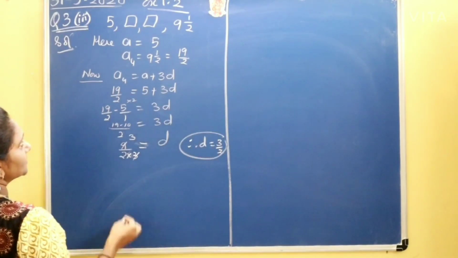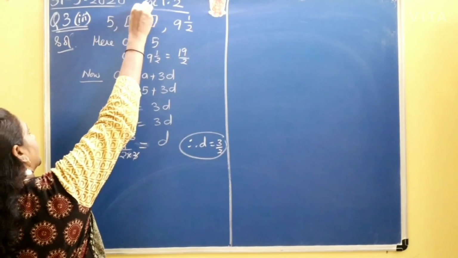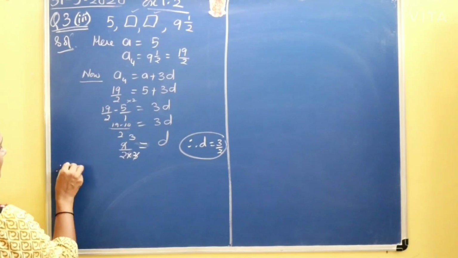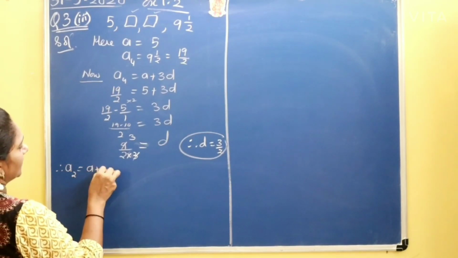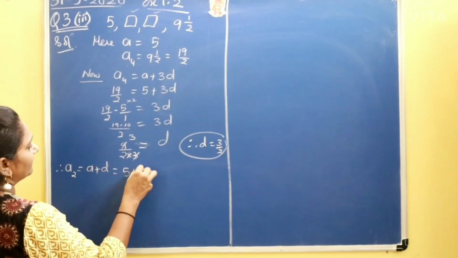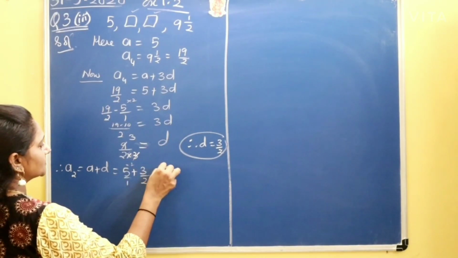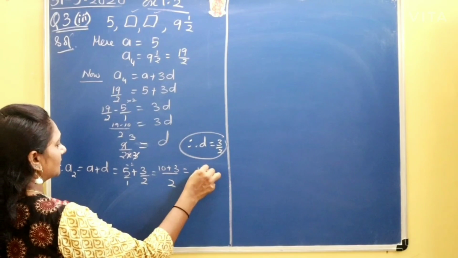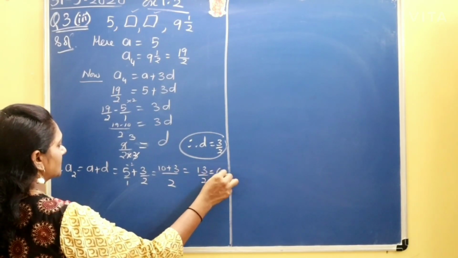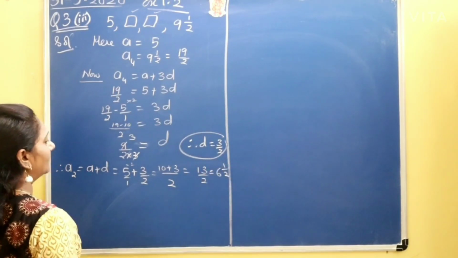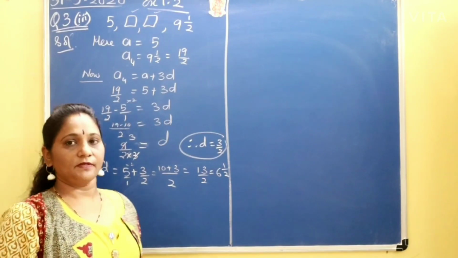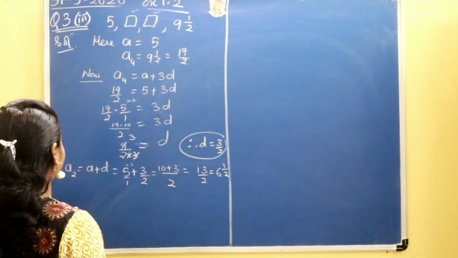If d is equal to 3 by 2, we have to find out a2 and a3. a2 is equal to a plus d, 5 plus 3 by 2. So we take the LCM here, 10 plus 3 is 13 by 2, or you divide it and take a mixed fraction, it will be 6 1 by 2.